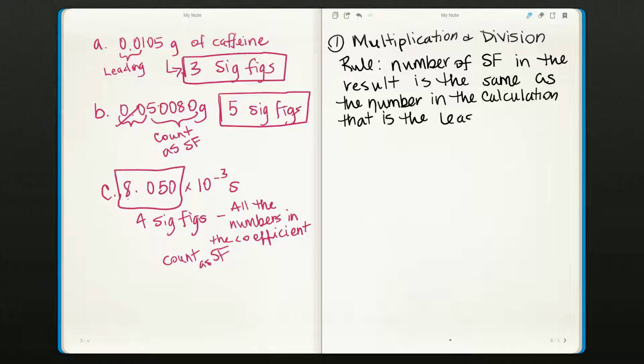So least precise number. So the least number of significant figures. Least precise.